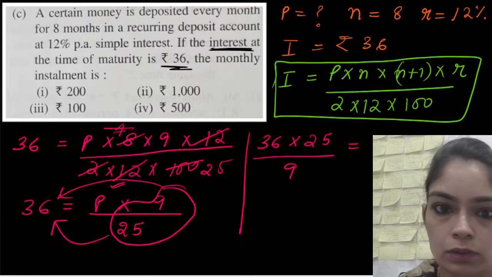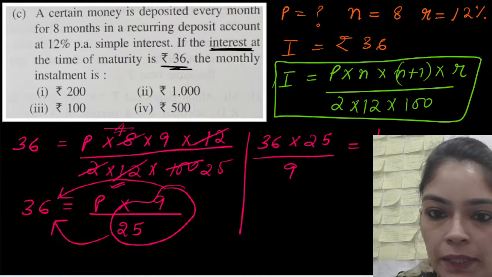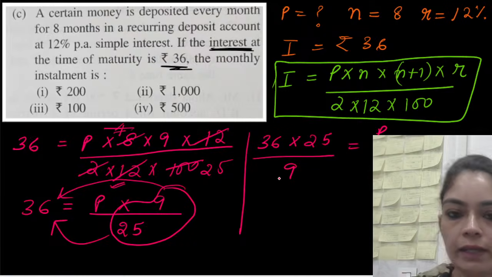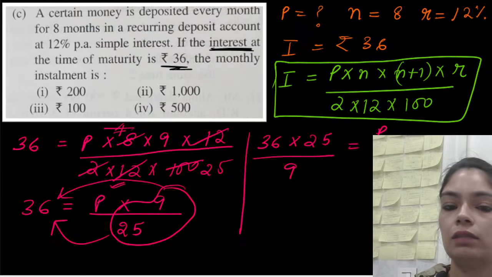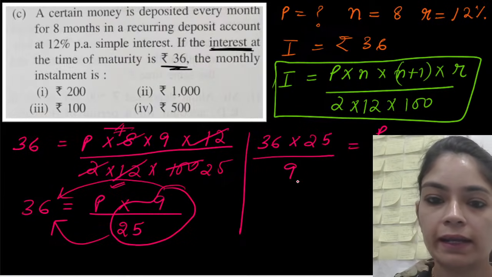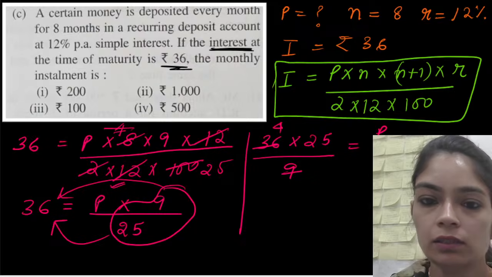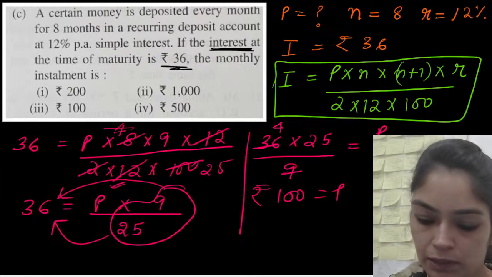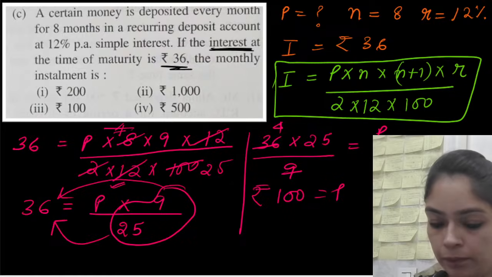So this is equal to P. Now we can do cancellations here. Don't multiply first. I have seen some students multiply 36 with 25 first and then divide. Directly we can do cancellation here. So 4 into 25 is 100. So principal is equal to 100.